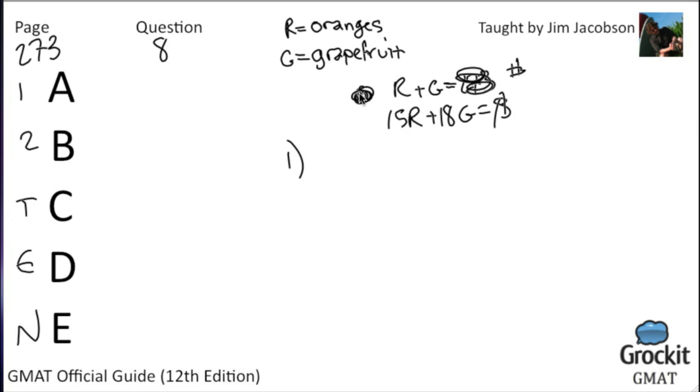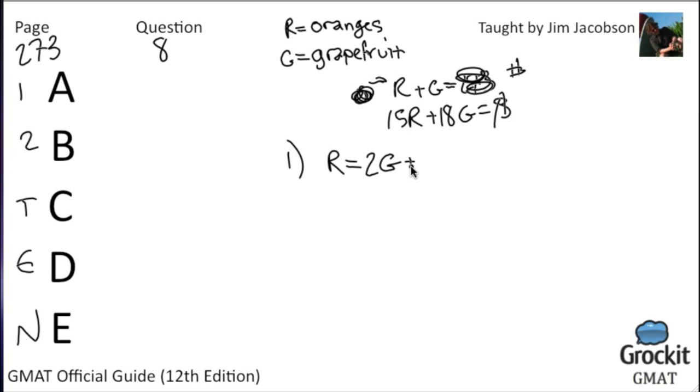Statement 1 tells us, last week the number of crates of oranges that the grower shipped was 20 more than twice the number of crates of grapefruit shipped. So it's not quite the one we typically get, but that basically says the number of orange crates shipped was 20 more than twice the grapefruit.